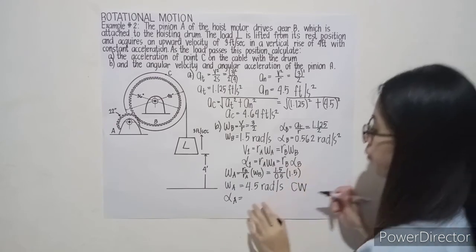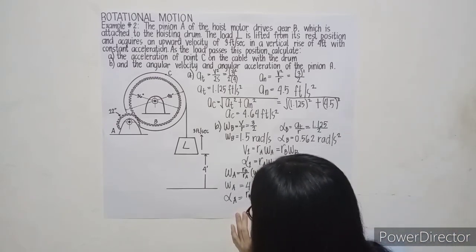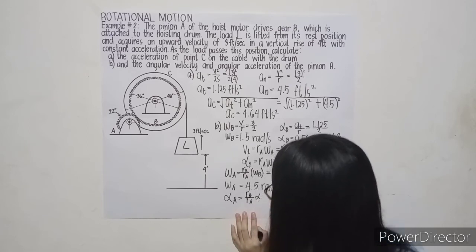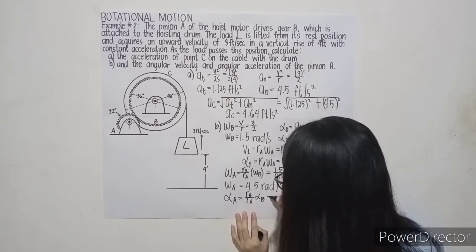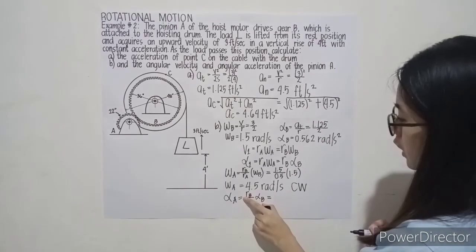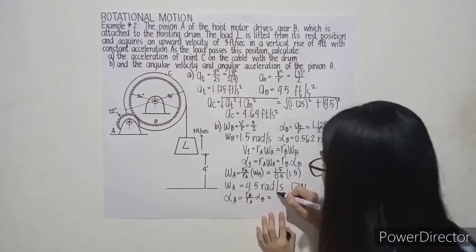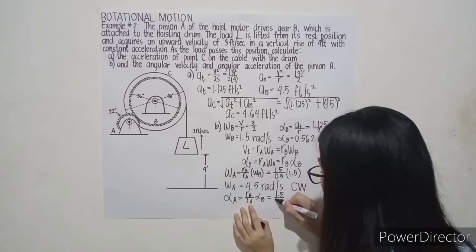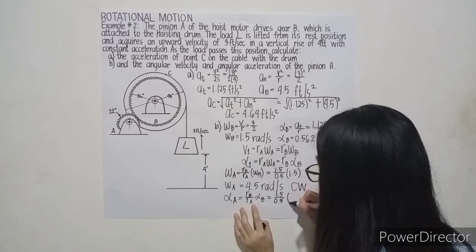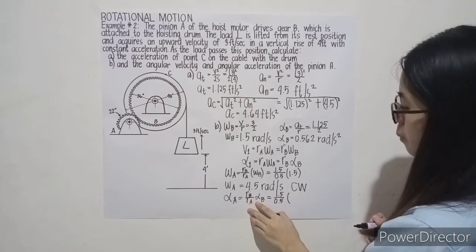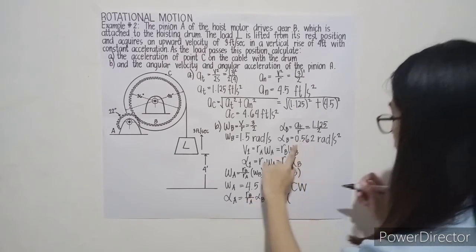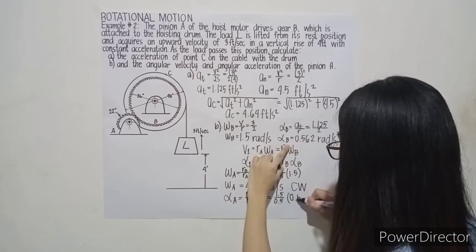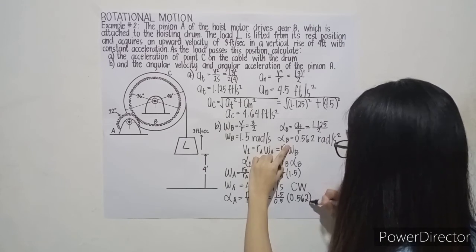And for angular acceleration at point A, we use the same approach. We have RB over RA times angular acceleration at point B. Again, the radius at point B is 1.5, the radius at point A is 0.5, and the angular acceleration at point B is 0.562.